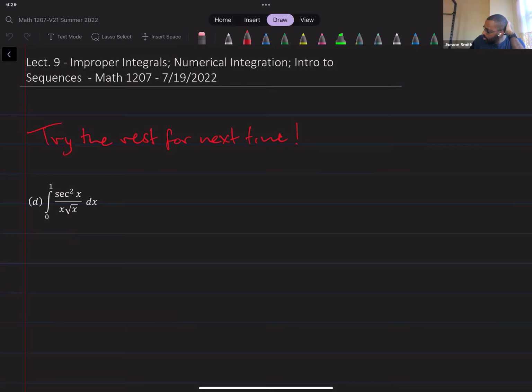Now, note that we know, for example, that cosine of x is always less than or equal to 1.